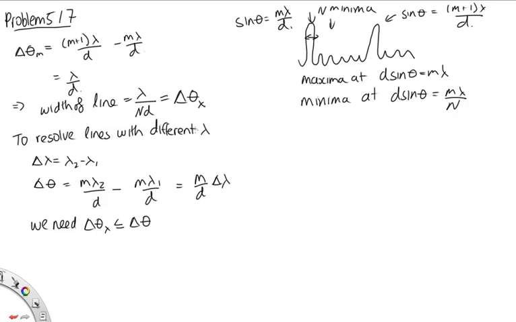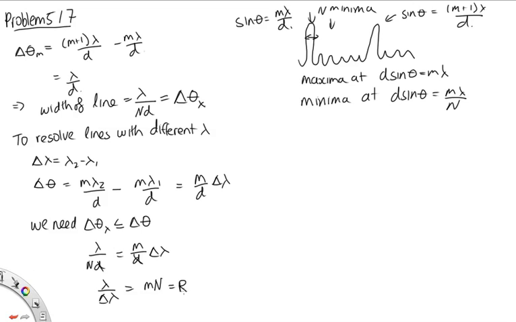So let's just substitute in. We've got this one's lambda over Nd, and this one is m d over delta lambda, times delta lambda. The d's will cancel out and we end up with lambda over delta lambda, which is the percentage uncertainty in lambda, is equal to m times N.